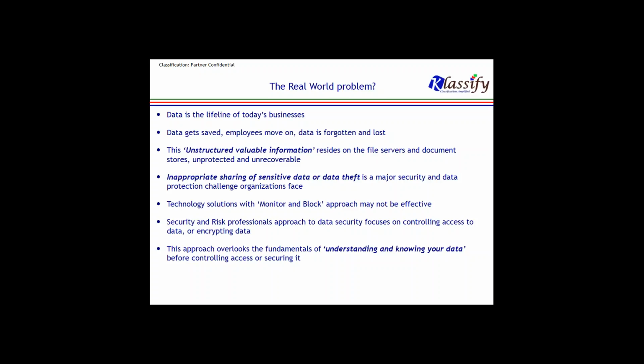And therefore, let's look at what happens to security and risk professionals like us. We tend to approach data security and focus on controlling access to data without knowing what data we are looking at controlling. We look at approaches that would encrypt data regardless of the importance of data within the organization.